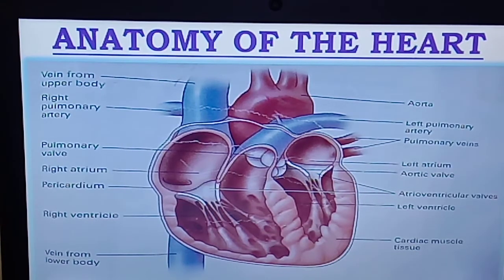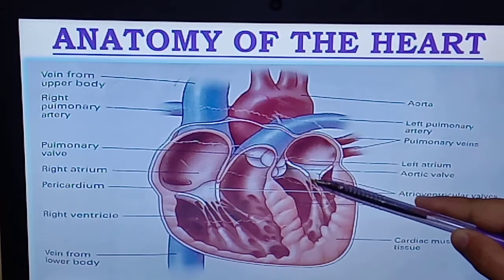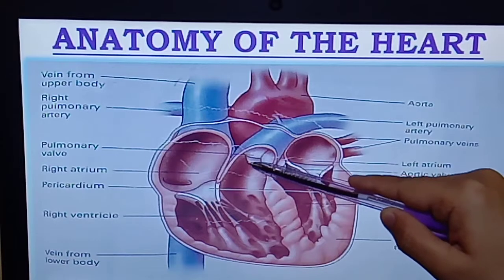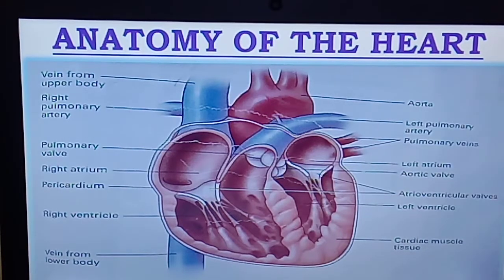So as I've said a while ago, the different valves such as atrioventricular valves, aortic valve, and pulmonary valve, these valves will prevent blood from flowing backwards or from flowing in the wrong direction. Our human heart has 4 chambers.